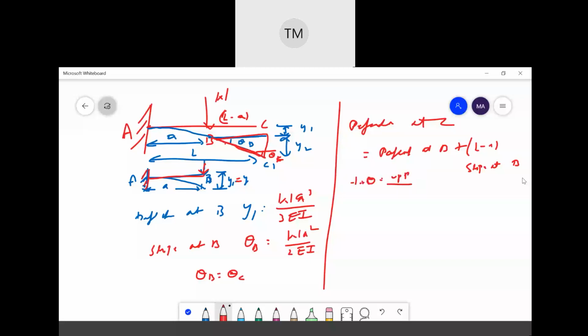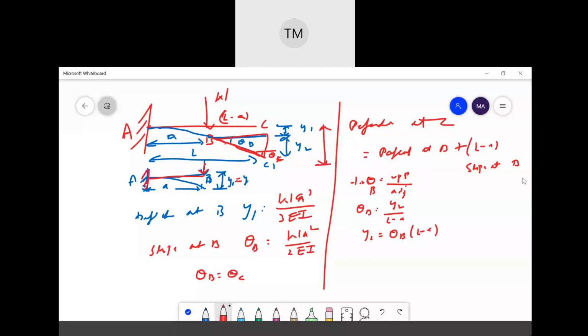Theta is a very small angle, theta B. Here theta B is equal to opposite, which is y2, by adjacent, which is L minus A. So y2 can be written as theta B into L minus A, where theta B is the slope at B. The deflection at B is y1, and you want the total distance y1 plus y2, where y2 is theta into L minus A.